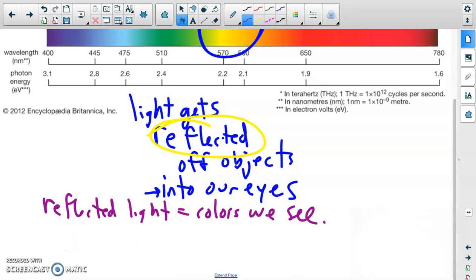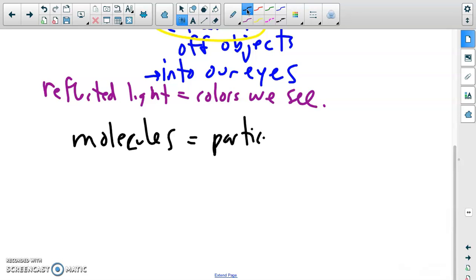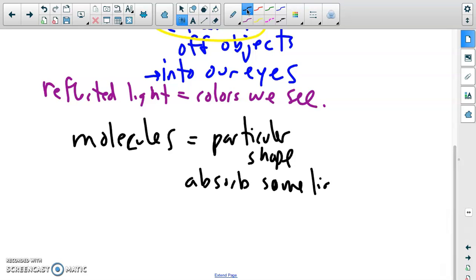Okay, so what happens in any object that has a color is that the molecules that make up that object have a particular shape. And that particular shape is going to absorb or suck in some of the wavelengths of light, and it's going to reflect others.